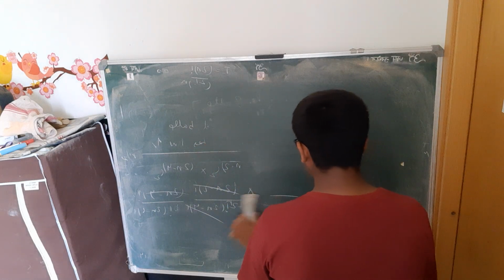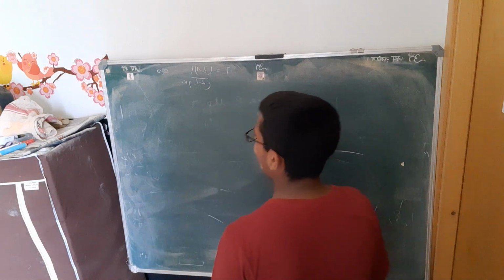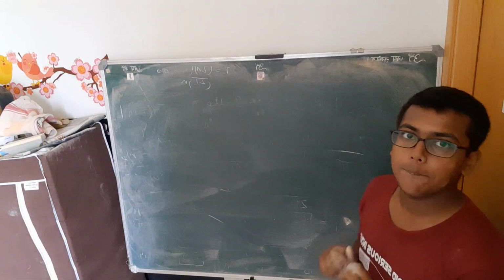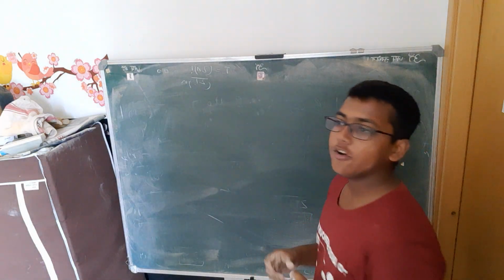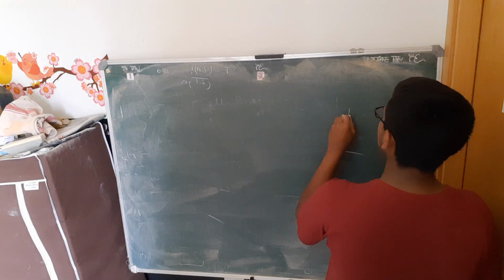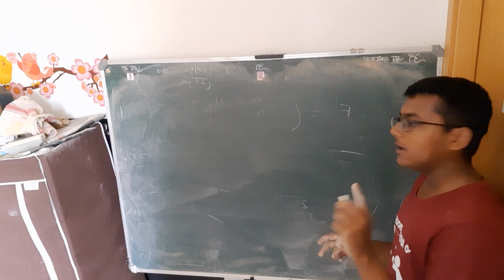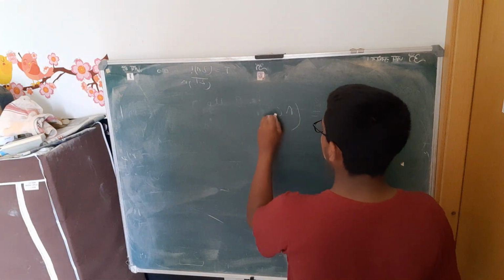Now we need to find the favorable outcomes, so that in every pair you get 1 white and 1 red. Let us look at it pair by pair. Let's look at the first pair. You want 1 white. There are n white balls, out of which you need 1, so nC1.